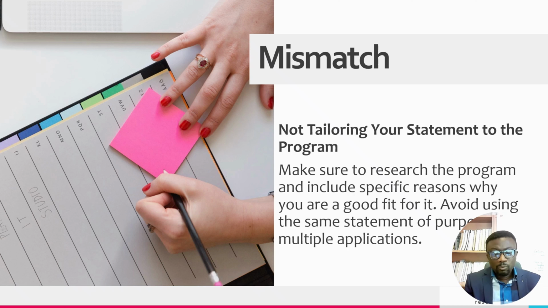But then when you were doing editing for another university, you forgot to take out these specific names and specific courses out of your statement of purpose. So you ended up sending the same one to a different university. They look at it and realize that you are applying for public administration, but you are talking about economics, and definitely you are not considered even for admission.